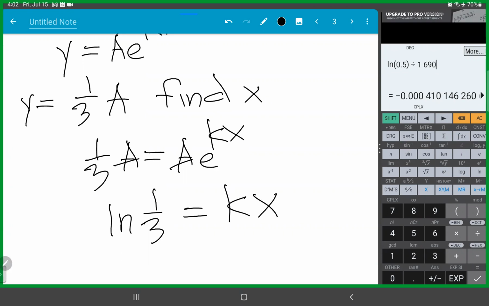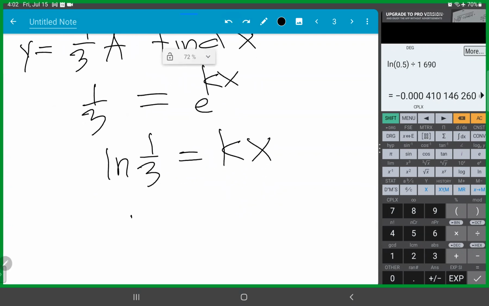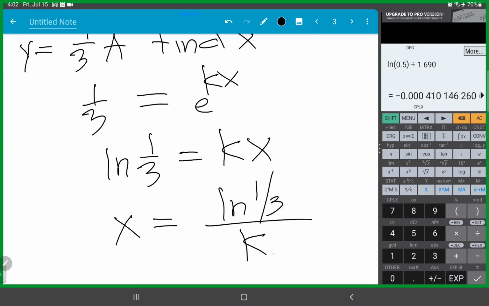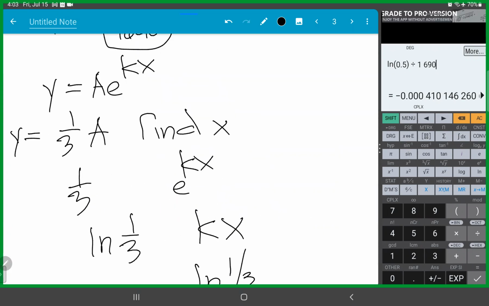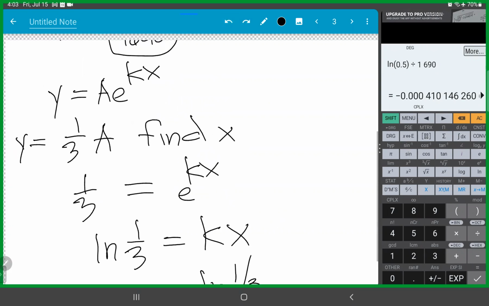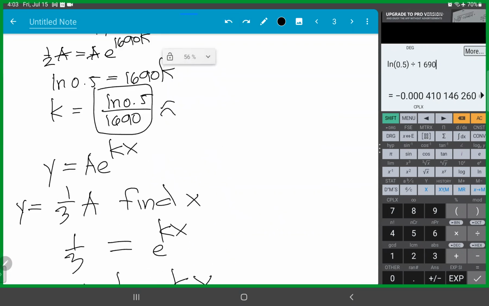Okay. So getting the ln of both sides, a cancels out first. Then ln and e cancel out, di ba? Then you solve for time x. Then k is found here. Okay? So yung k natin.